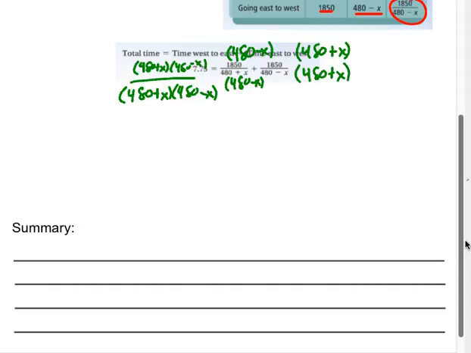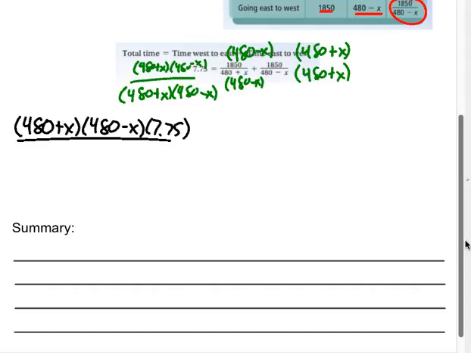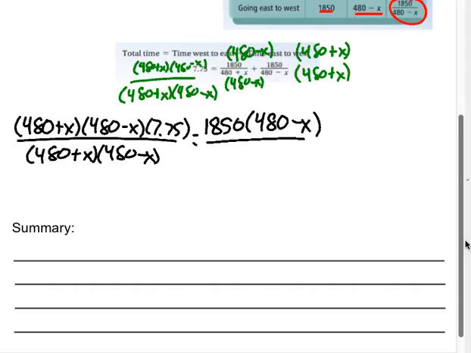Now, that looks a little bit messy, but let's write it out so it's a little bit clearer to see, all right? So, 480 plus x, 480 minus x times 7.75 over that common denominator equals 1,850, and that one needed the minus. Oh, I'm sorry.